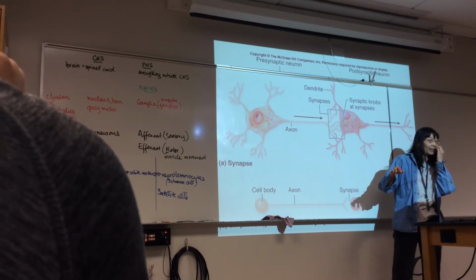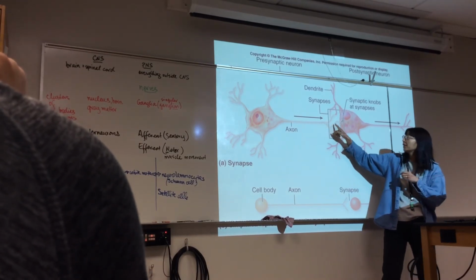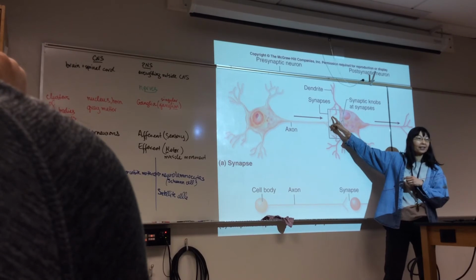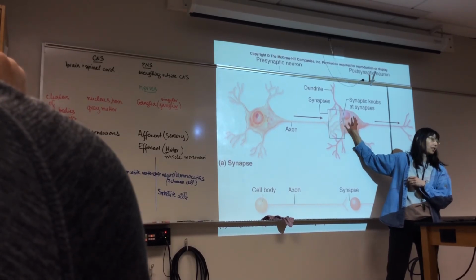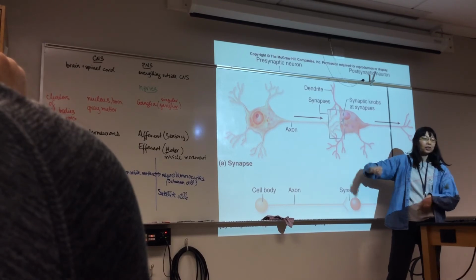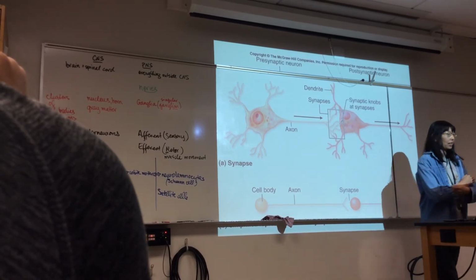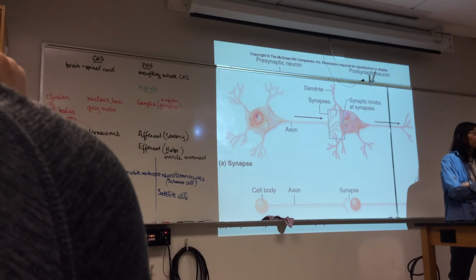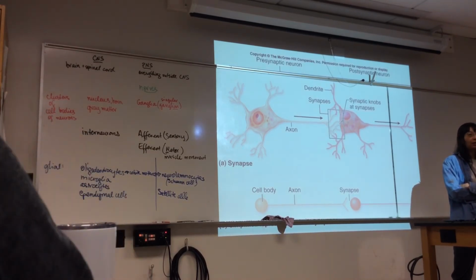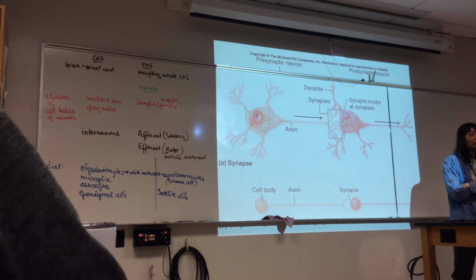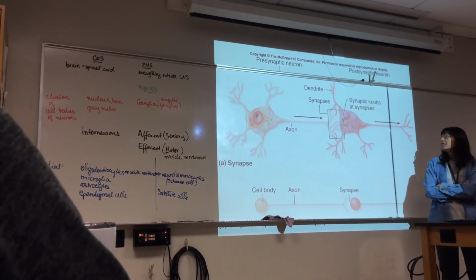Easy? Notice we have axon, telodendria, right? Axon, synaptic knob, and then it meets up with the next neuron. Does it have to meet up at the dendrite of the postsynaptic neuron? Yes or no? Look at this picture.